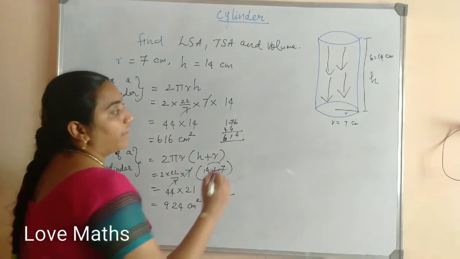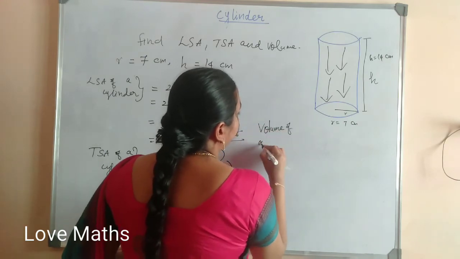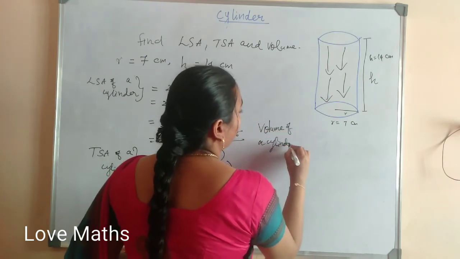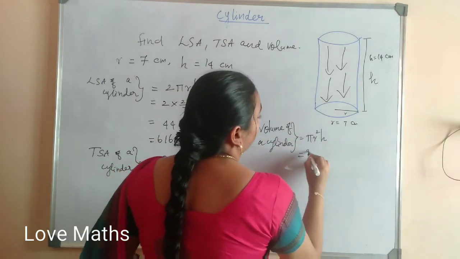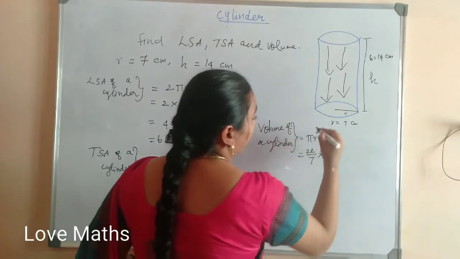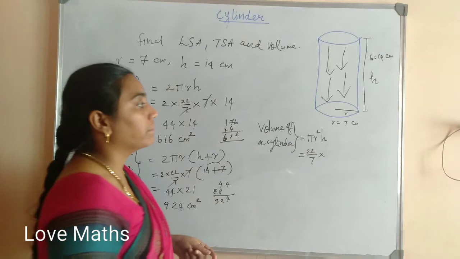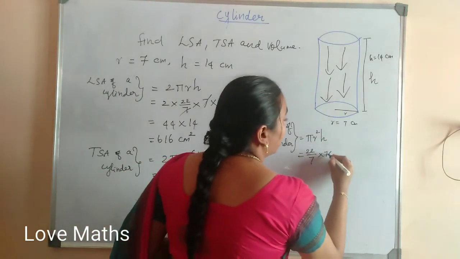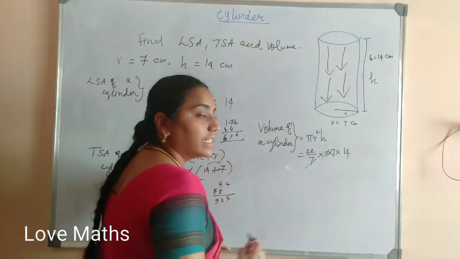Okay, next we have to find the volume of a cylinder. What is the formula? πr²h. Pi value 22 by 7. R squared means you should write R 2 times. So R value is 7 into 7. H is 14. This 7 and this 7 is cancelled.